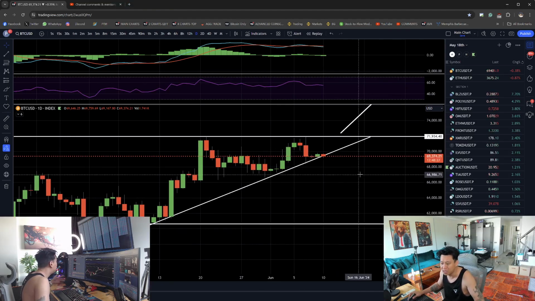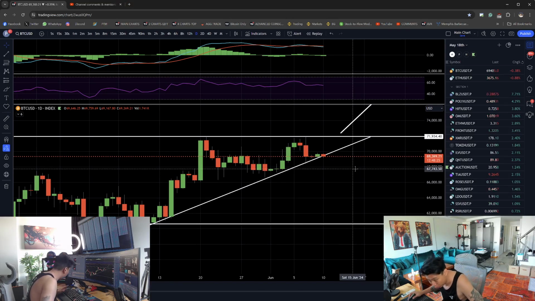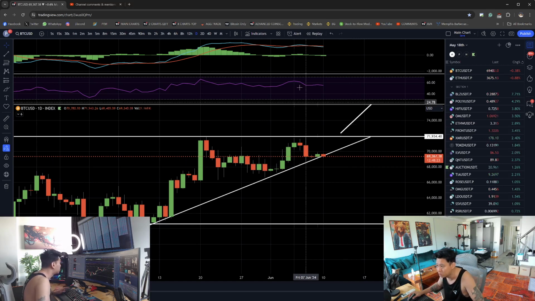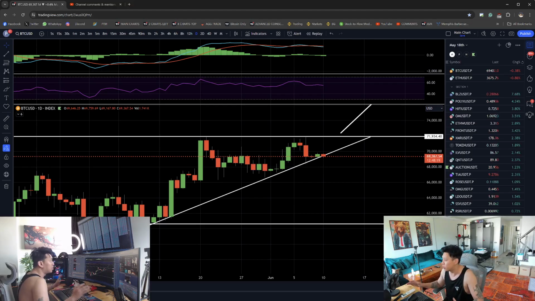Bitcoin's finding some level of either support that could get smashed down or bounce. So the whole market reacts the same way and also doesn't move at all. There's not a single coin in the market right now that's moving against Bitcoin in terms of Bitcoin staying still, but the altcoins are moving.